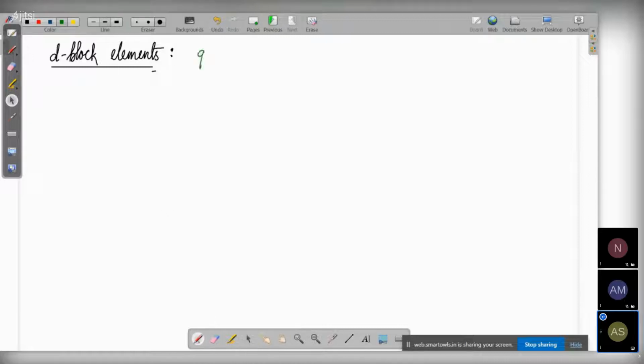Elements from group 3 to group 12 are together called the d block element. That means basically our transition metals are called the d block element.